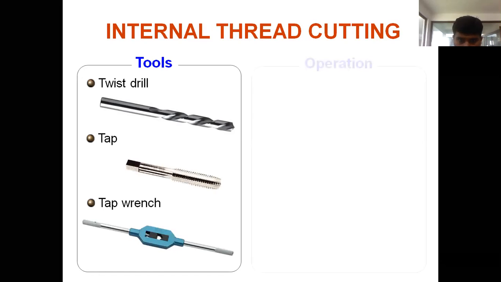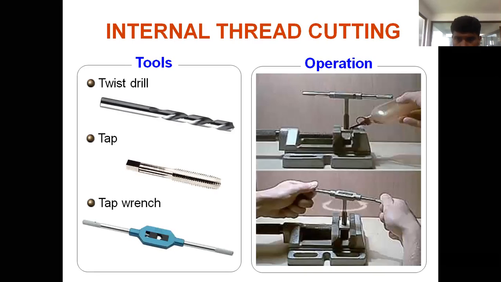So this is the operation where it happens. Here they have placed the object and used the tapping wrench. This is the instrument, the tapping wrench. He is using it here also, and it is being rotated.